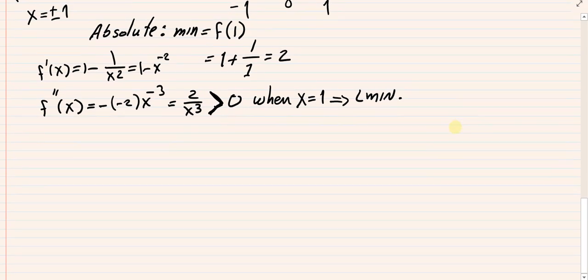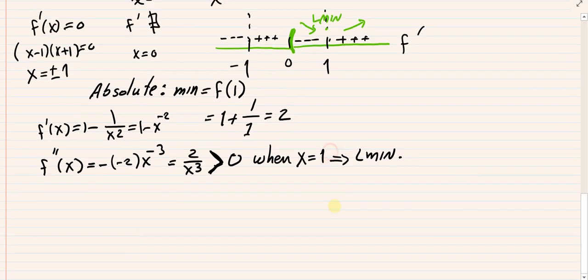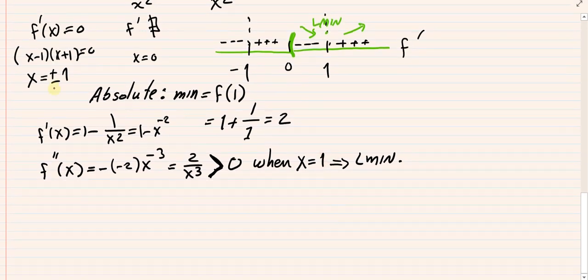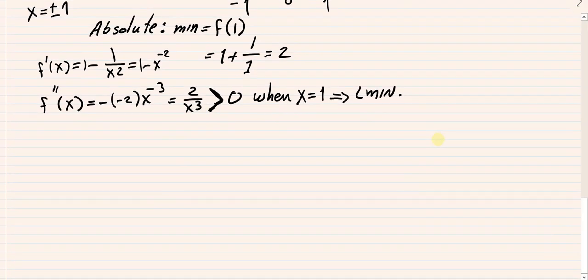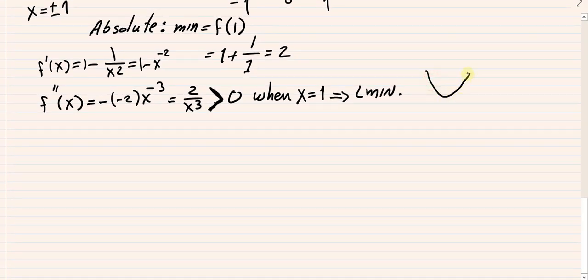For the second derivative test, you find the second derivative and then you try the critical numbers of the first derivative in this function. If it's positive, then you have a local min, the second derivative that is. And if it's negative, you have a local max. Remember, positive means the concavity is upward; this is f double prime positive.